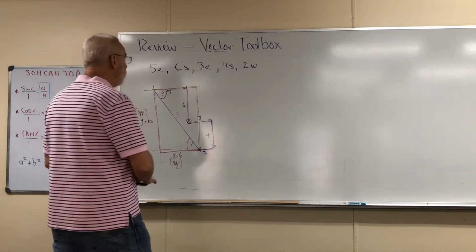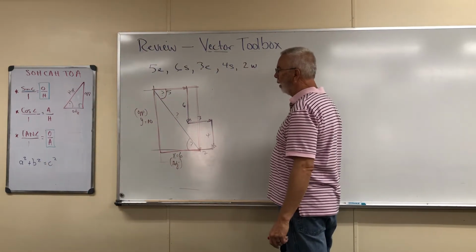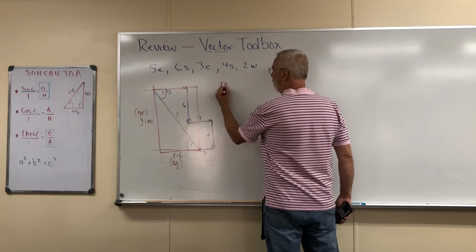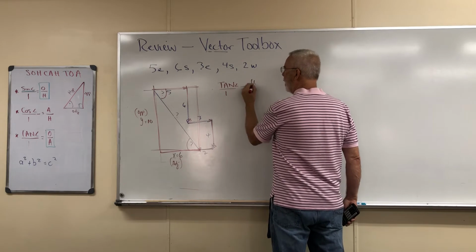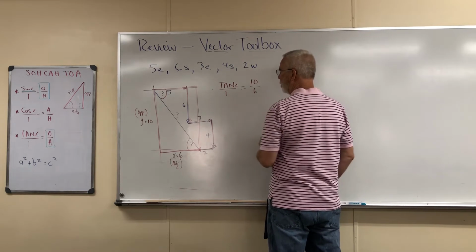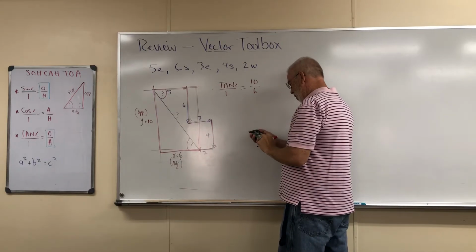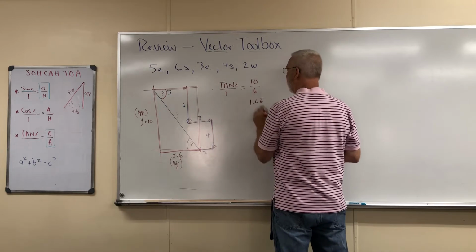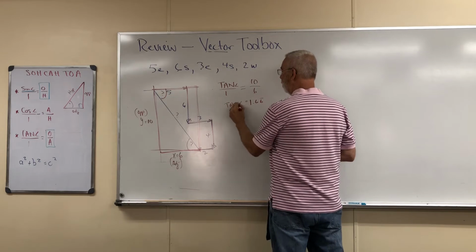Now, let's run it the old way. I say old way, let's use SOH CAH TOA right quick. We've got the tan of the angle over 1 is equal to 10 over 6. Well, 10 over 6 is 1.666, repeating like that, is equal to the tan of the angle.